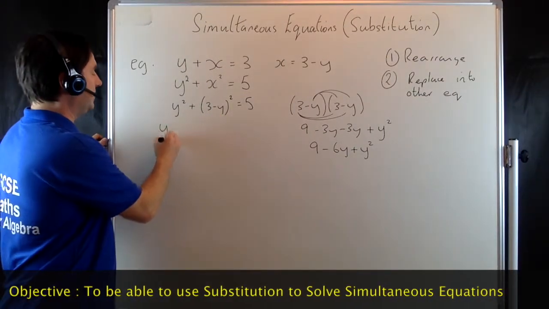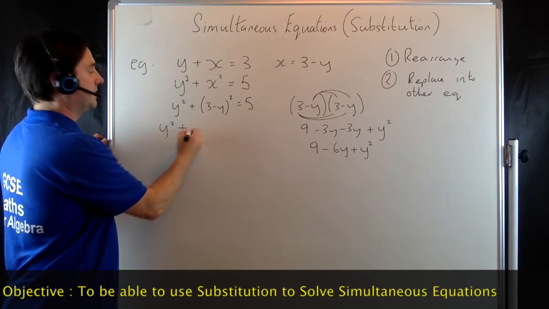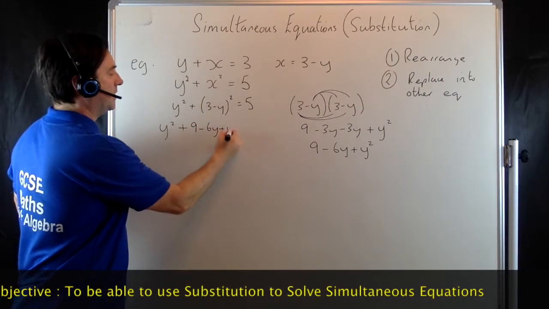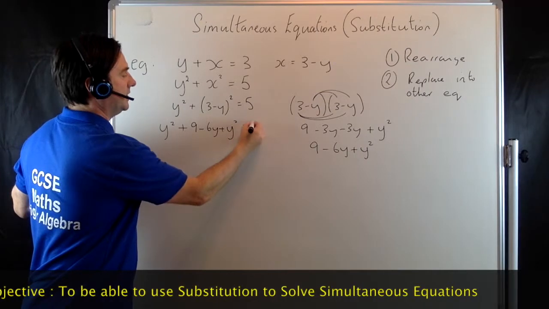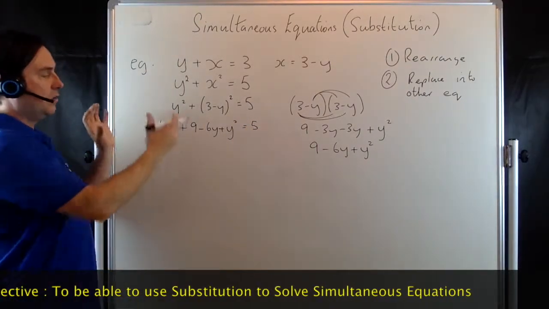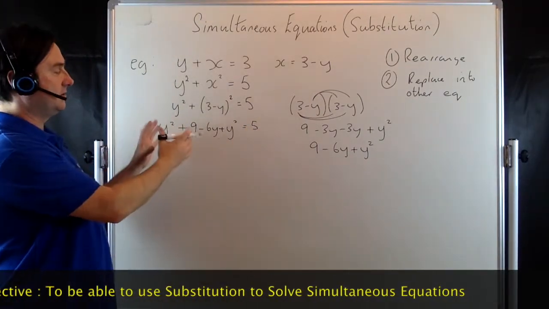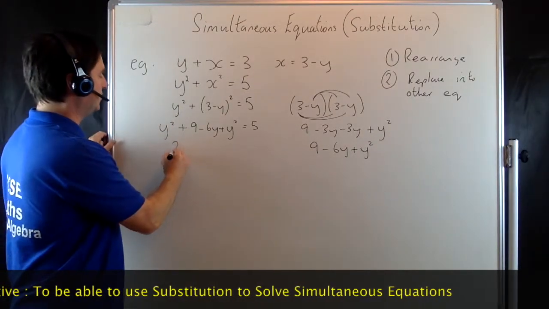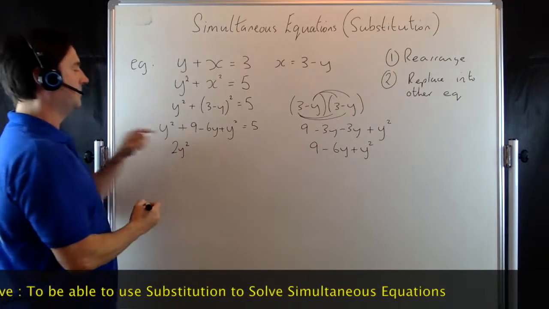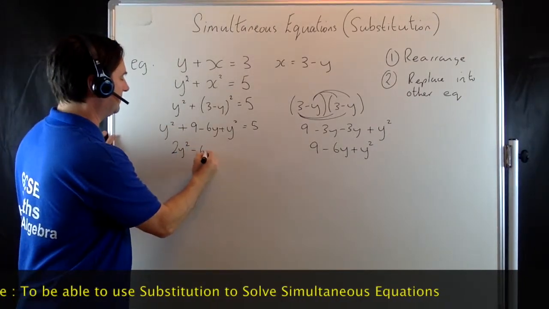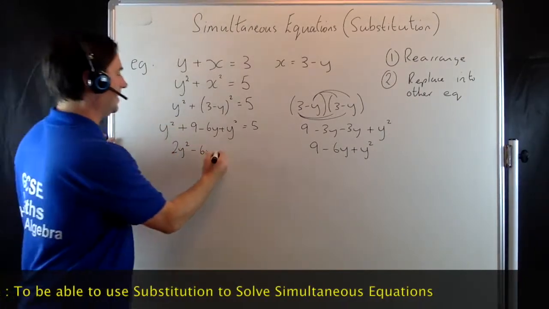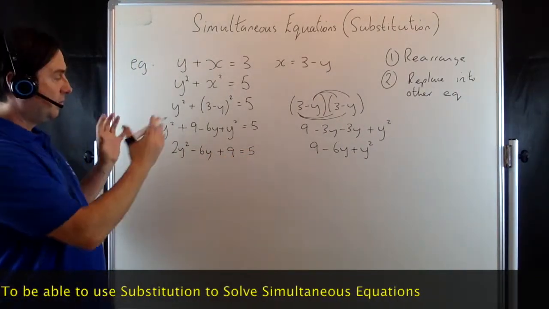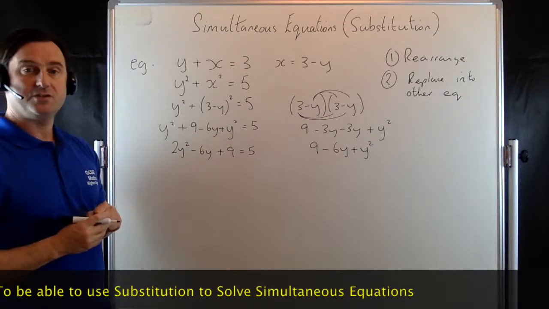So I'll write that in: y squared plus 9 minus 6y plus y squared equals 5. We can now group together the terms, giving us 2y squared minus 6y plus 9 equals 5. What we've now got is a quadratic equation here.